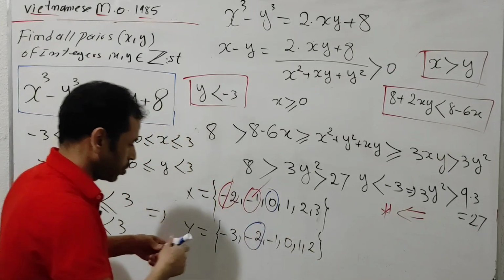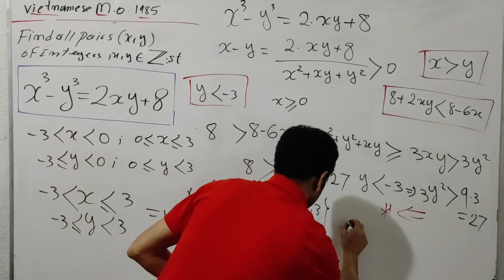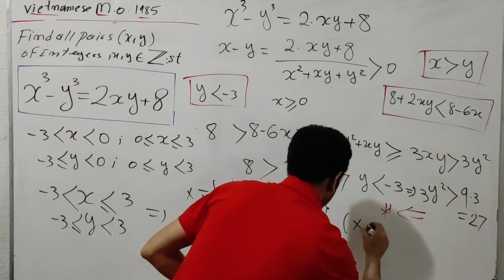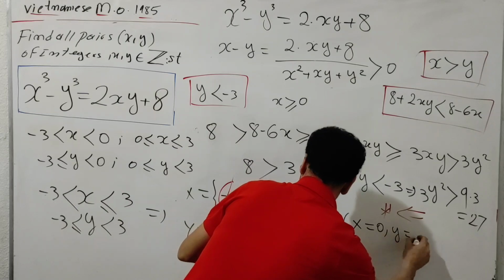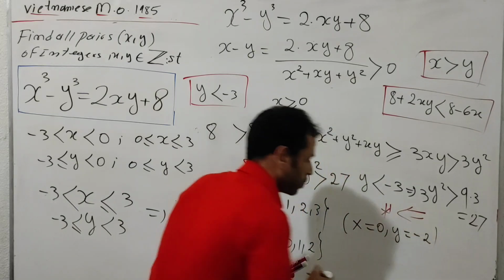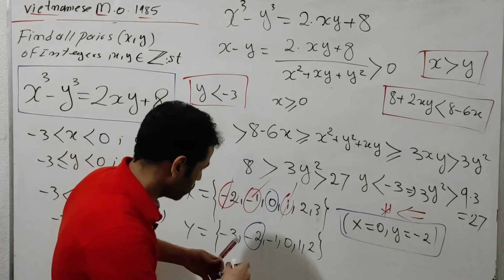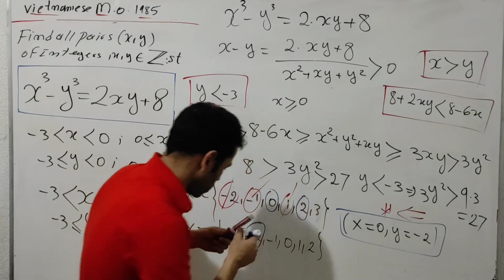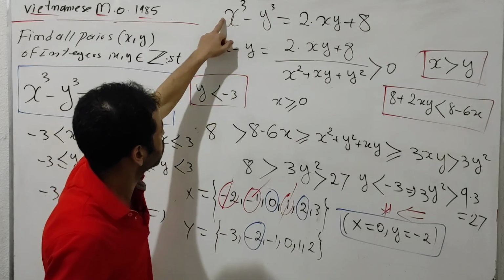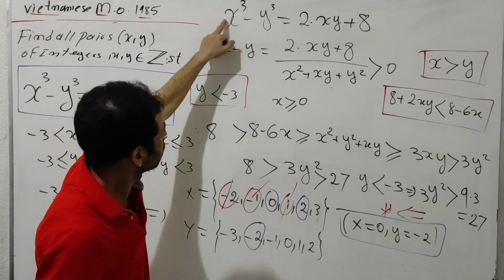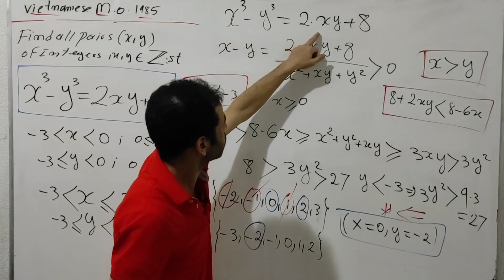So the first pair of solution is x equals 0 and y equals minus 2. Then we check number 2. If you replace 2 into this equation, we get 2 cubed, which is 8, and on this side you will have 8.